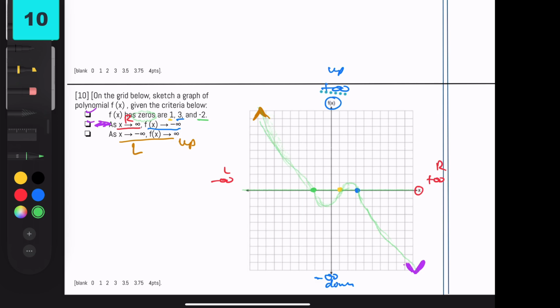Okay, so that's 1. Let's try another one. Okay, we can do shoot through. I guess you can only do a shoot through there. Can we do a bounce off here?